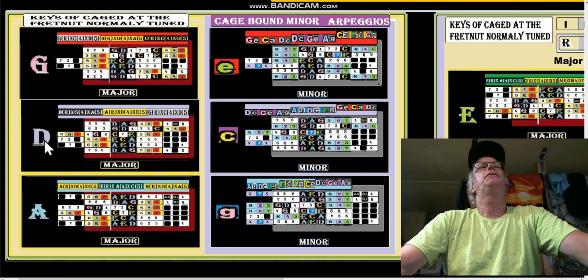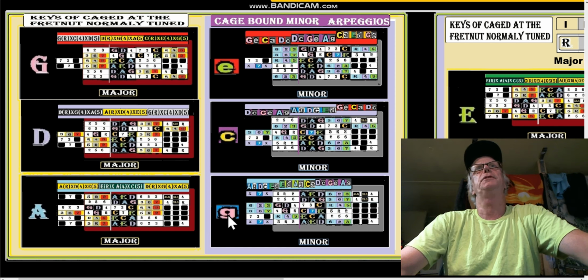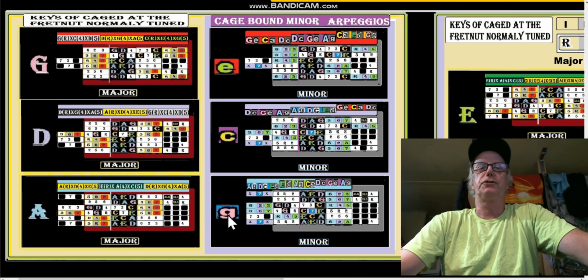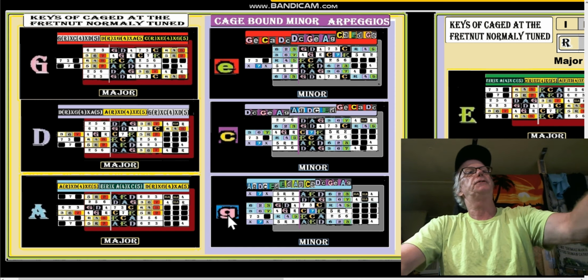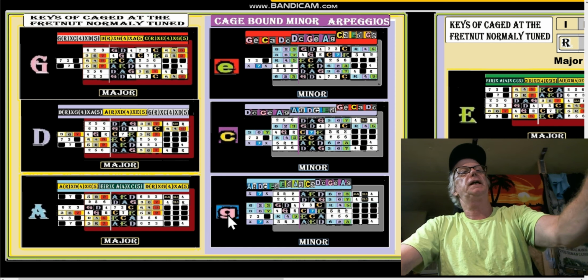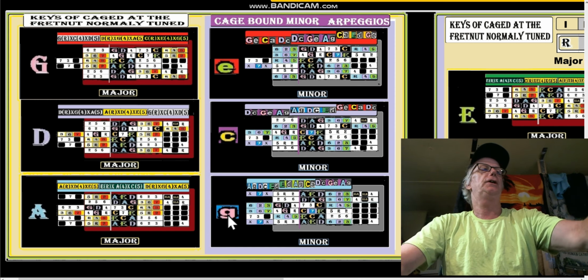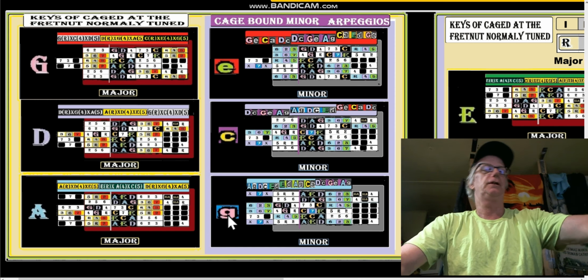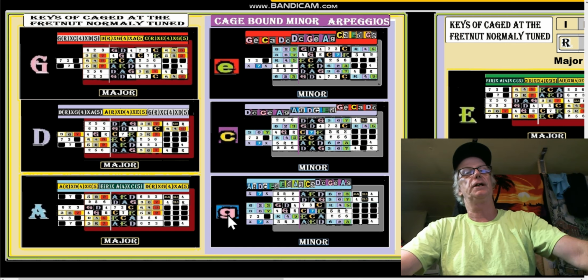The relative sixth of the D shape is the C minor shape. The relative sixth of the A shape is the G minor shape. And again, you're just going down one pentatonic scale member in a pentatonic scale. And by the way, CAGED, if you sing it, is C, A, G, E, D. C, A, G, E, D. Okay, so that's a descending pentatonic scale.